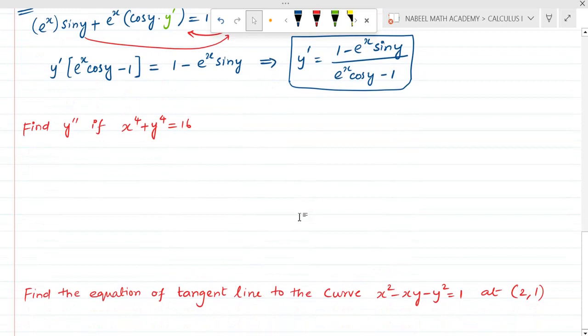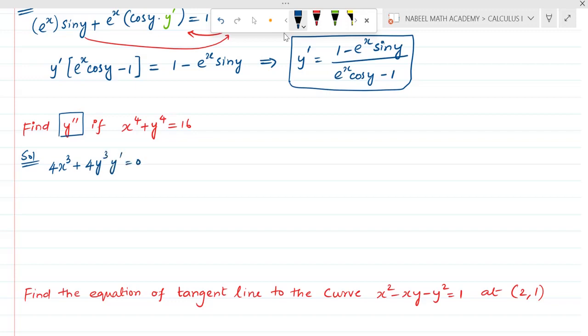Here in this next problem, it is asking for the double derivative. Since the function is implicit, I have to find it. The derivative of x power 4 is 4x power 3, plus 4y power 3 into y prime equals 0, since it is a constant. Now I need only y prime. 4y power 3 y prime equals minus 4x power 3.